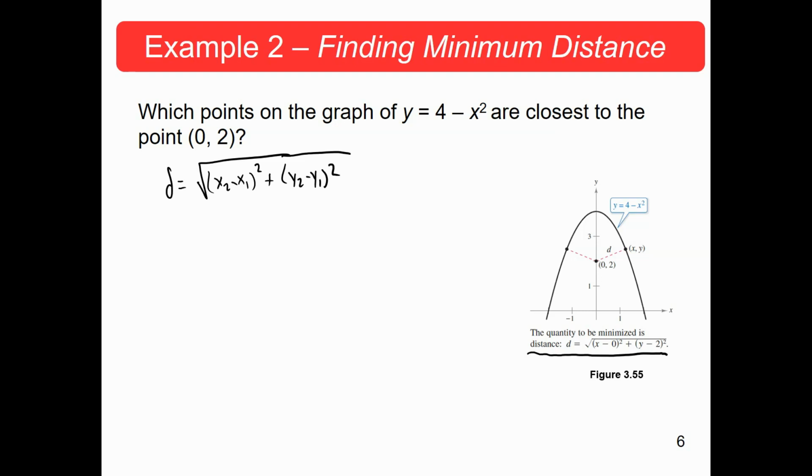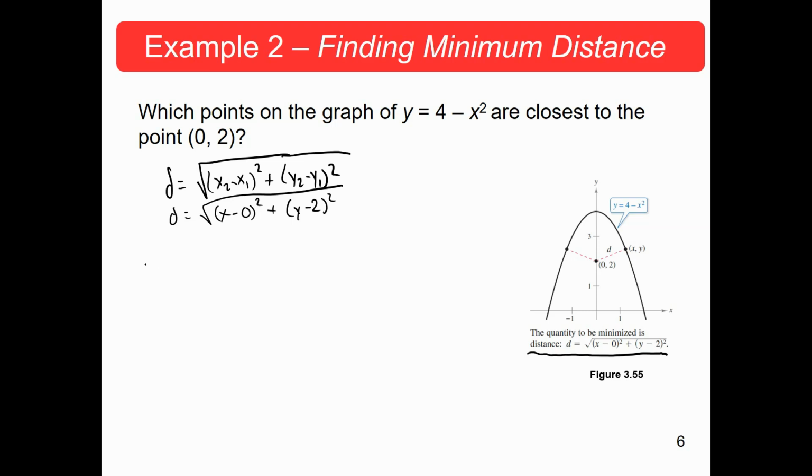The thing is, I'm saying that any point is (x, y), and the other point is (0, 2). So I can say, okay, this is just the square root of (x minus 0) squared plus (y minus 2) squared. And that's true for any x and y on this parabola. So I need to minimize this distance.